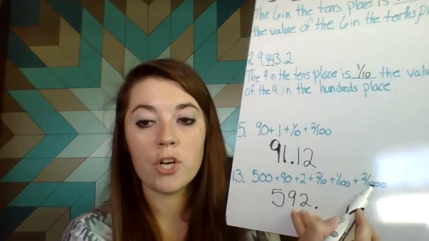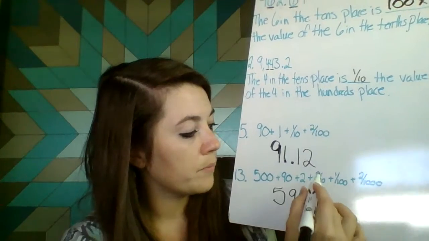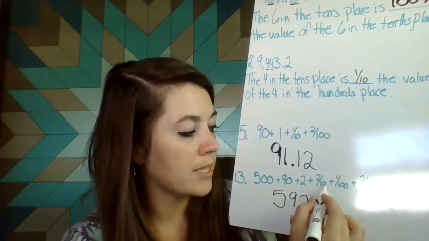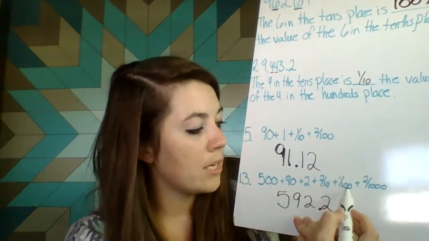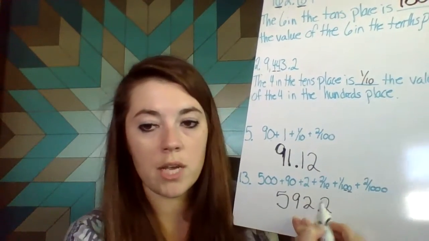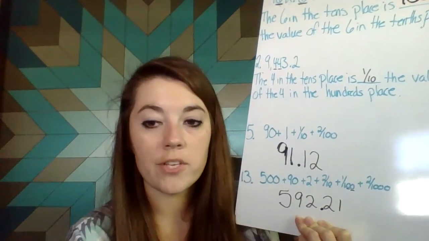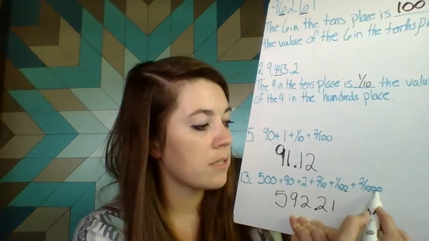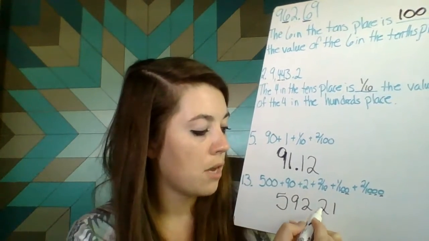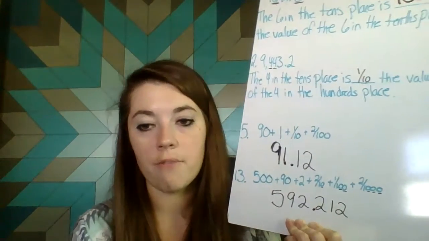Then we switch over to the fractions, which means it's going to be a decimal, 2 tenths. There's 1 zero here, so that means it goes right after the decimal. 1 hundredth, there's 2 zeros there, so it goes 2 places after the decimal. And then 2 thousandths, there's 3 zeros, 1, 2, there's our third place after the decimal.